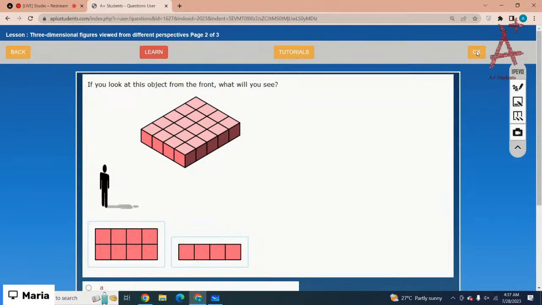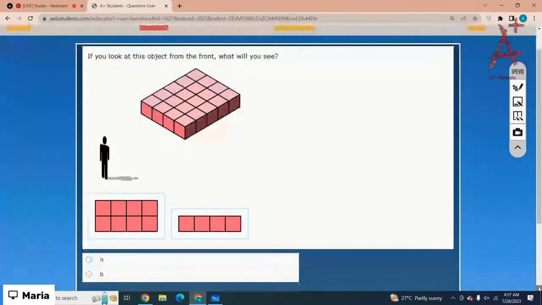The correct option is the face that has the 4 cubes. So option number B is the correct option.